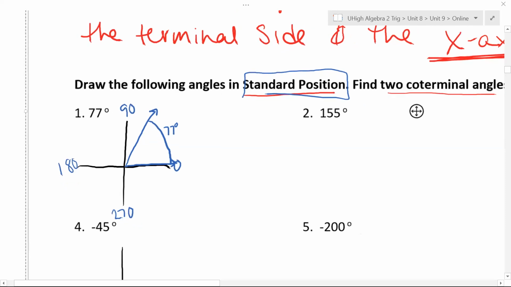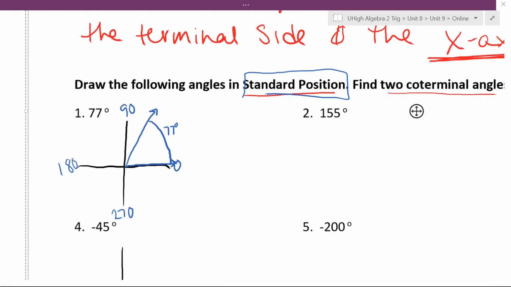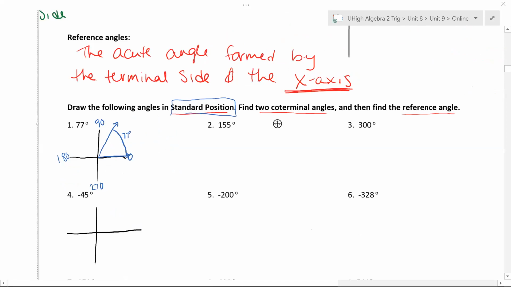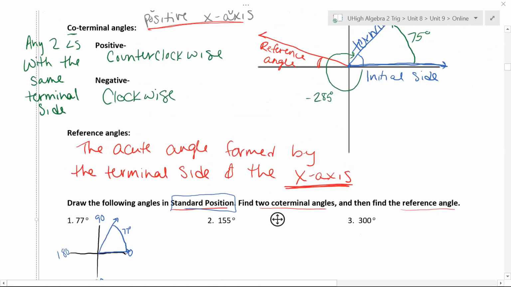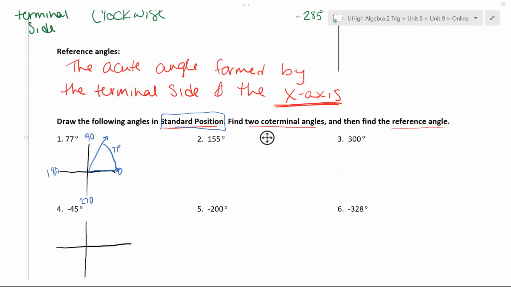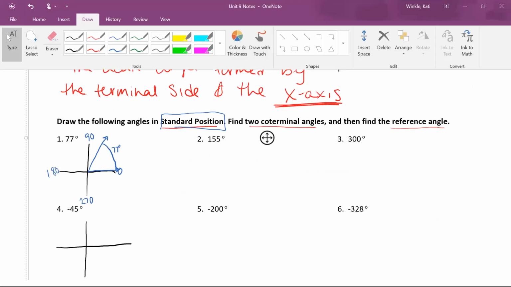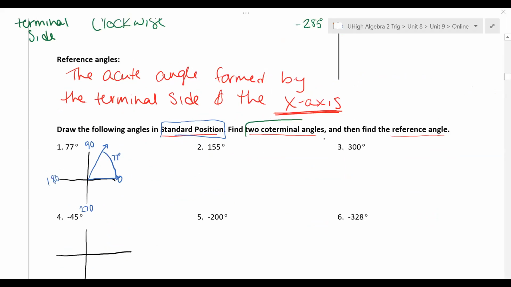All right, the next thing it asks us for is 2 coterminal angles. So coterminal, we're looking at those positive and negative values. So I'm going to go to green for my 2 coterminal.